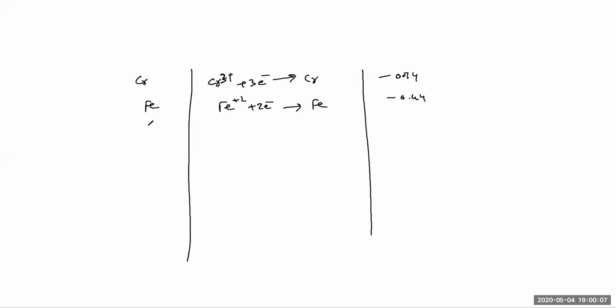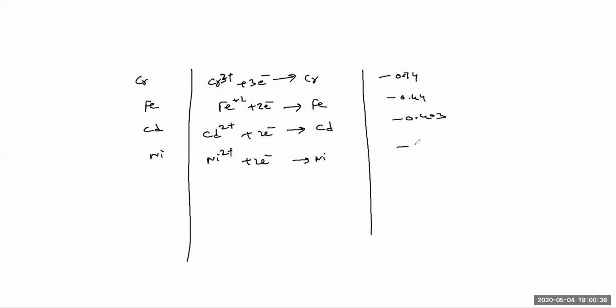Next after iron, Cd, cadmium. Cd 2 plus, 2 electrons gives rise to Cd. So here, minus 0.403. After cadmium, nickel. Ni 2 plus, 2 electrons becomes Ni.